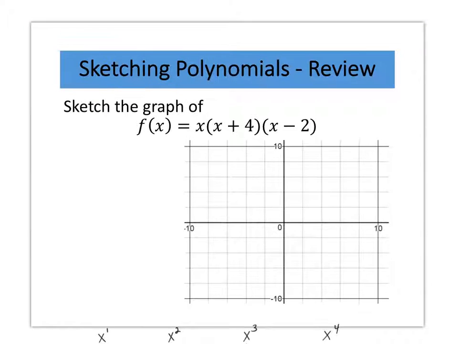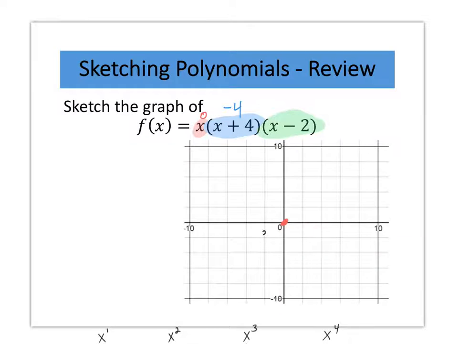As we sketch this graph, what am I thinking about? I'm thinking about what makes each one of these things 0, and I'm going to look at them piece by piece. What makes the red x 0? Well, 0 is going to make it 0, so I know that there's a root at 0. What's going to make the blue piece 0? Negative 4 is going to make the blue piece 0.